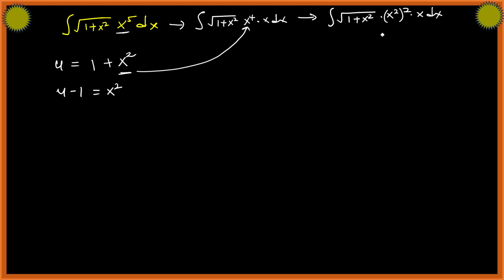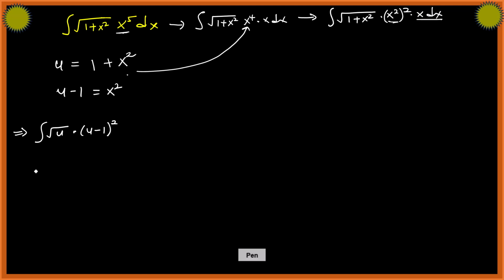That's cool. So we have this u minus 1 as x squared. So let's do the substitution. So let me start from here. So we have integral of u, since 1 plus x squared is u here, times, now we know x squared is here, so we have u minus 1 all squared, then we have x dx.